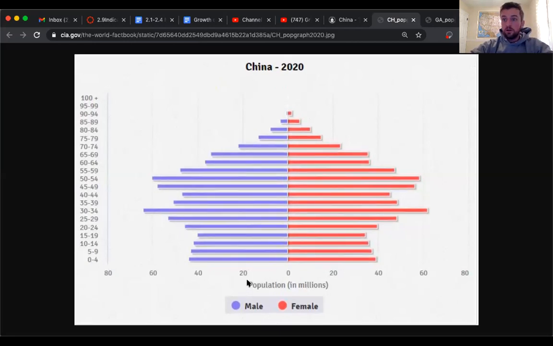But long term, China's population, just by looking at this, it might go down simply because the people in the middle of that pyramid, specifically from like 15 to 19 range to the 30 to 34 range, those are like the quote prime reproductive years for a population. So just by looking at this, you can pretty much assume that China's population is very much going to go down.